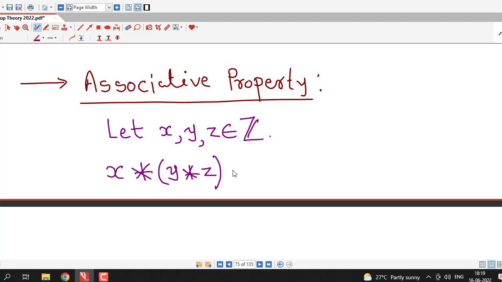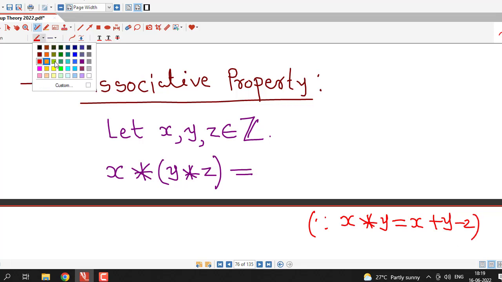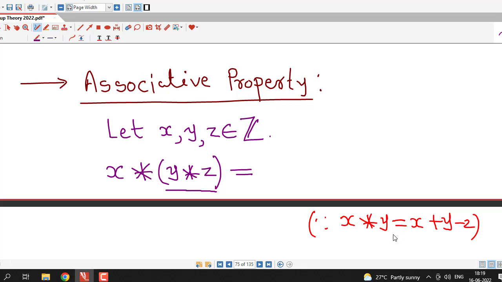So this is equal to, now our operation is x star y equal to first element plus second element minus 2, x plus y minus 2. This is the given binary operation. So using this definition, with instead of y here, I will use y star z.